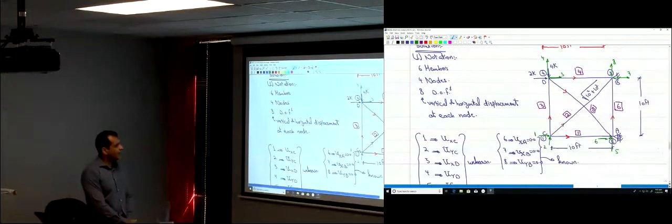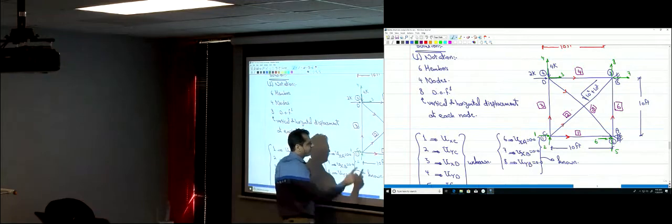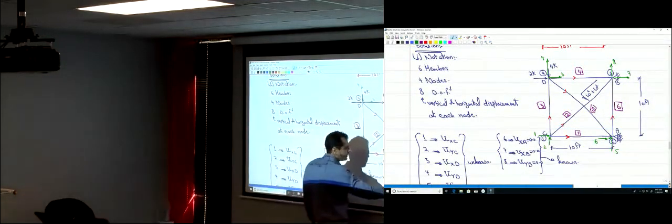So now for K for member 1, I just need to label it now. How would you label that? You label the degrees of freedom. What do the elements in the K matrix represent? It's the stiffness coefficients relating the displacements to the forces at the nodes of the member, right? So what are the degrees of freedom related here? You have the horizontal, then the vertical, horizontal, then the vertical.